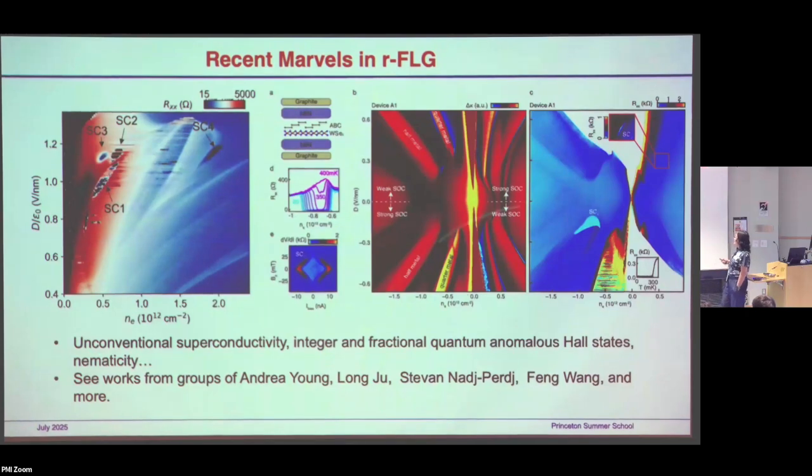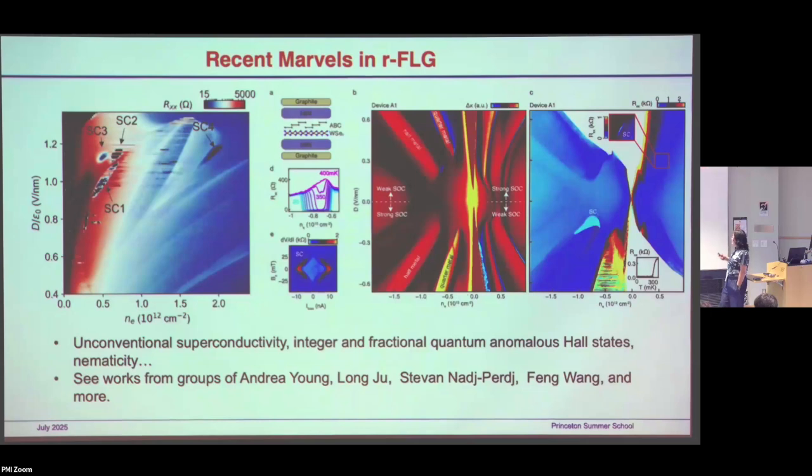This is a really exciting area, one of the frontiers in this material. These are all sandwiched between hexagonal boron nitride, sometimes with or without a monolayer of WSe2.